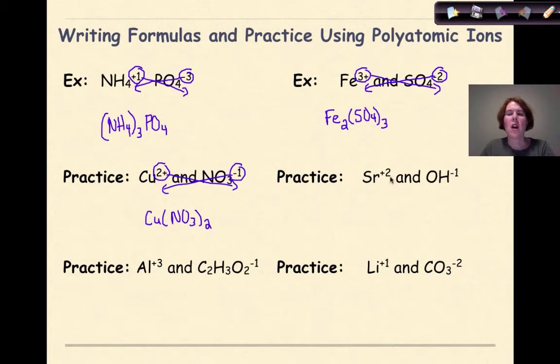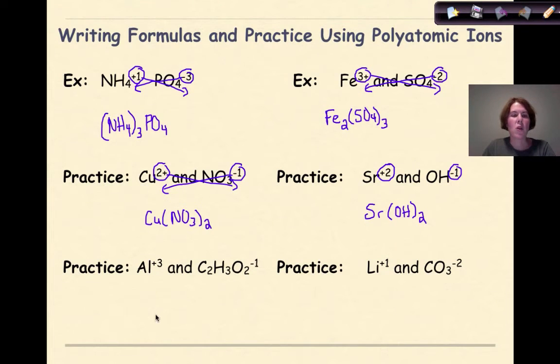Let's go over here. Sr plus 2, OH minus 1. So when I cross this down, it's going to be Sr, not crossing any of that down, parentheses, OH, and parentheses 2. And if there's one parentheses that's commonly missed, it's right here. I don't know what it is with hydroxide, but always make sure you're putting your hydroxide in parentheses if you're crossing with anything other than 1.